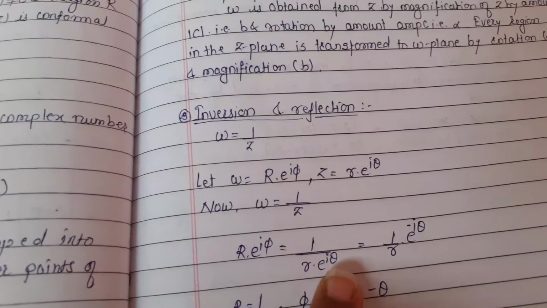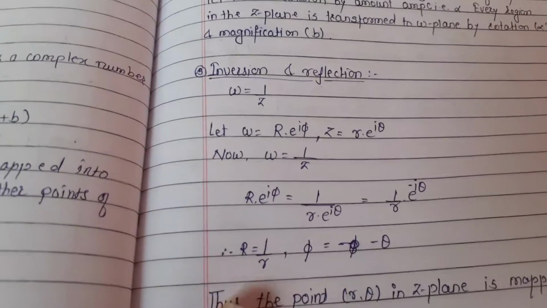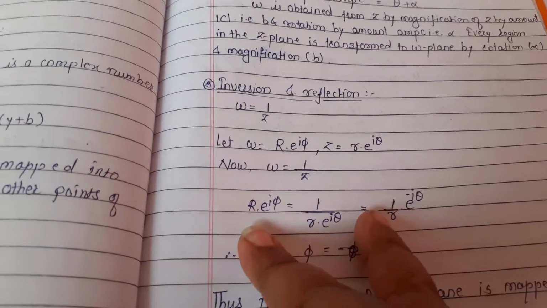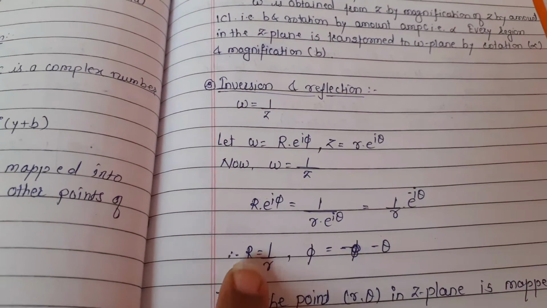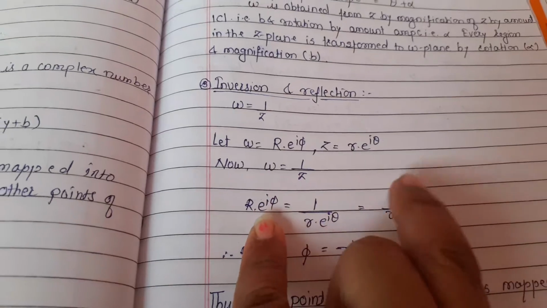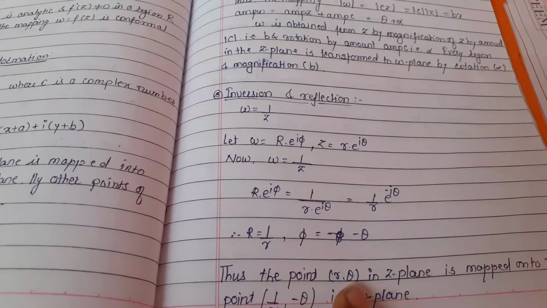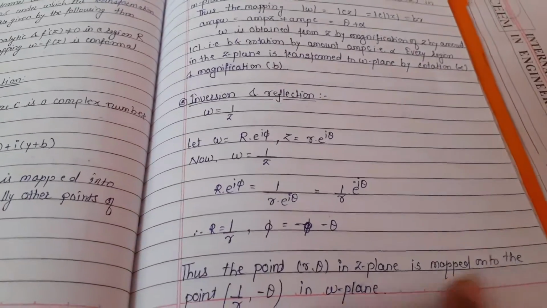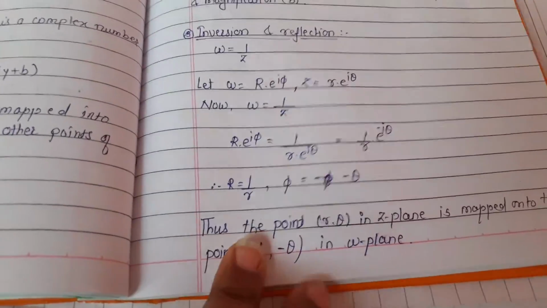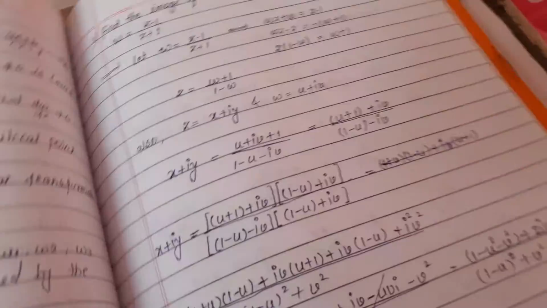It is in the denominator, and when we transfer it to the numerator it becomes e raised to minus i theta. Hence by comparing these two terms, I obtain r is equal to 1 upon r and phi is equal to minus theta. Compare with the powers here, so phi is equal to minus theta. Thus the point r, theta in z plane is mapped onto the point 1 upon r, minus theta in w plane.